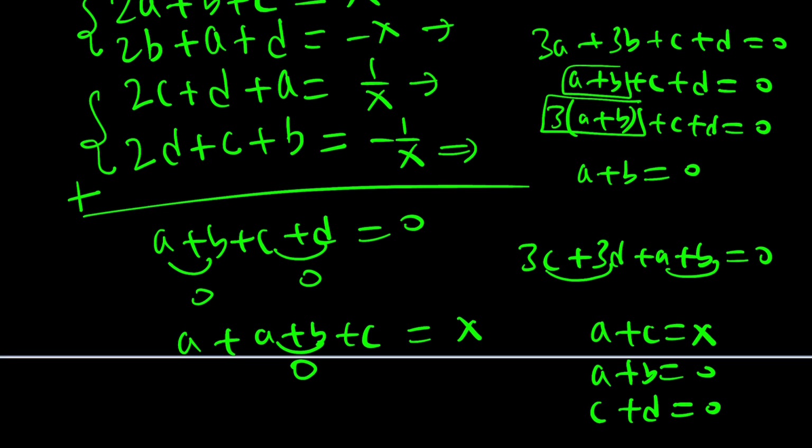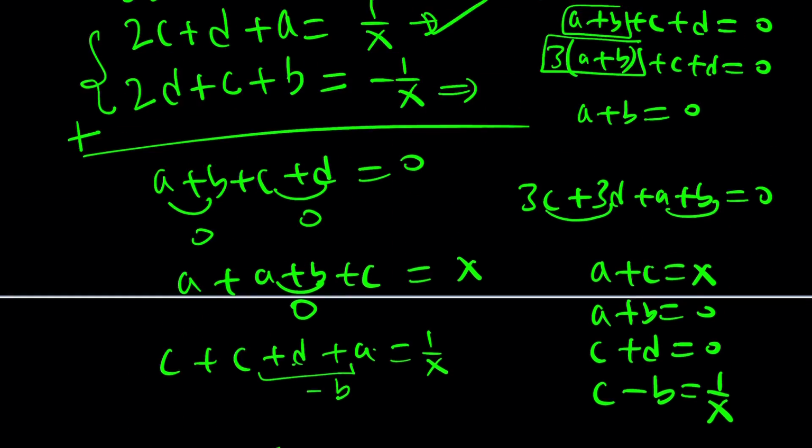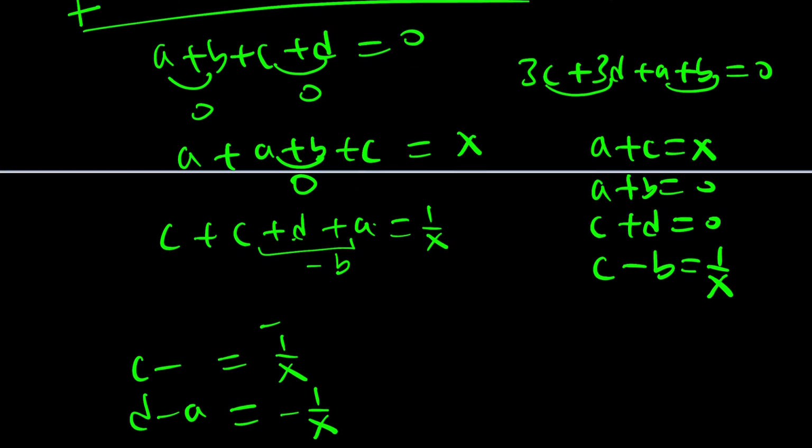I tried the 2a, and maybe I can use this one. Okay, c plus d plus a is 1 over x. We know that a plus c plus d is equal to negative b. So from here we get c minus b is 1 over x. Okay, we already knew that beforehand. But anyways, we got 4 variables and 4 equations. Hopefully this will work. I hope so.